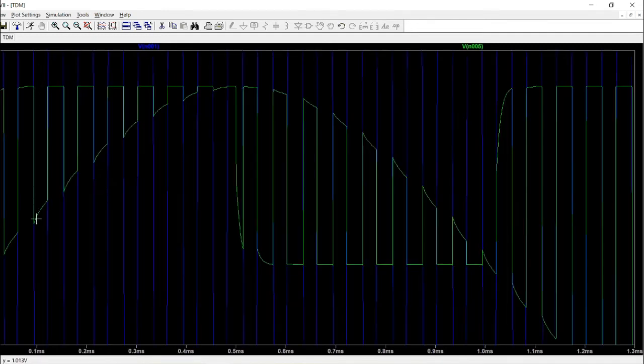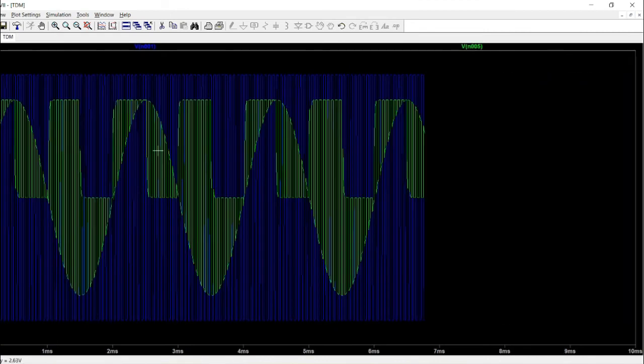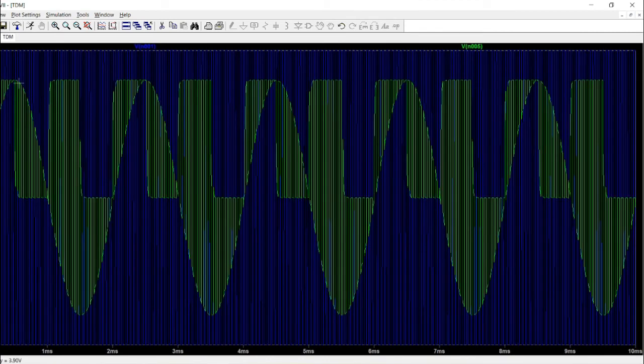Whenever this is off, it is selecting the sine wave's sample. So alternately, it goes on selecting, you can see here the square wave, or the pulse which I have used. Here you can see the sine wave, correct? So we can visualize two time division multiplexed signals onto a single channel, correct?